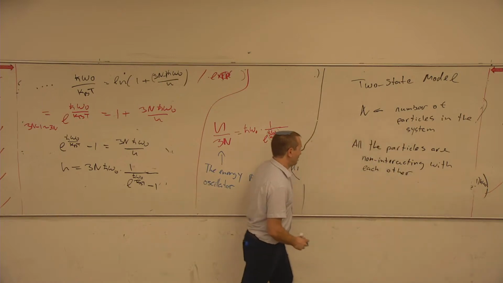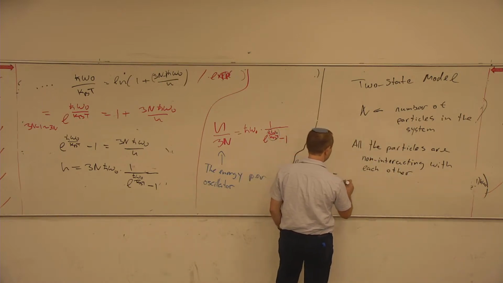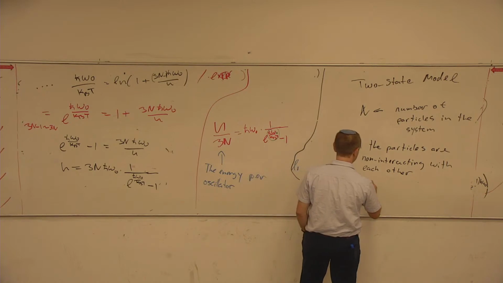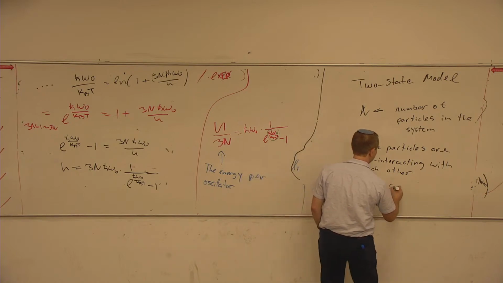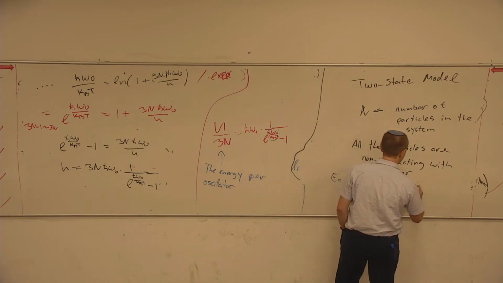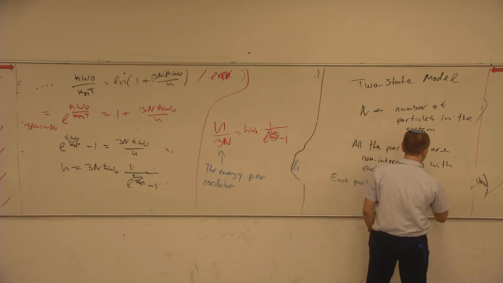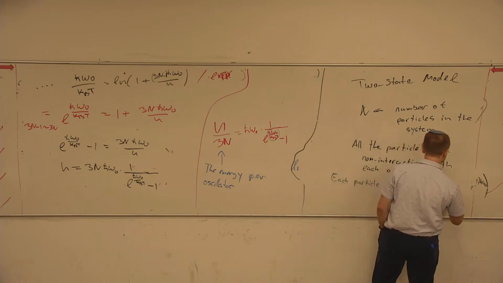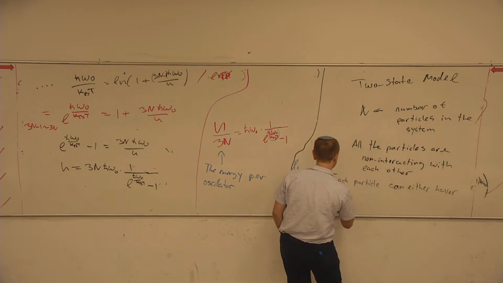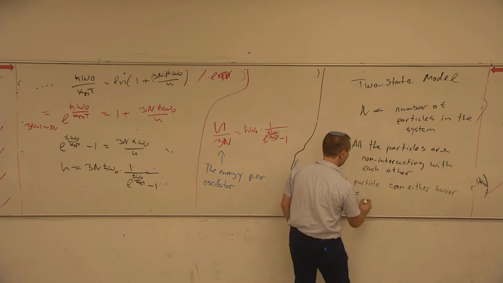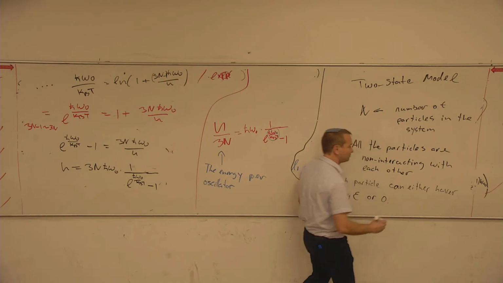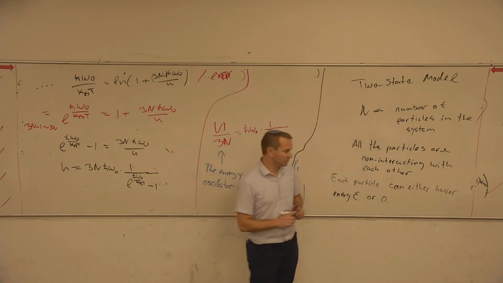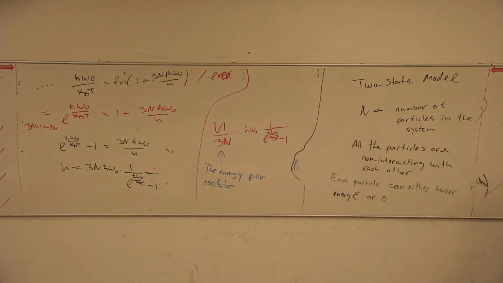Each particle can either have energy epsilon or 0. That's it. So we have N particles.